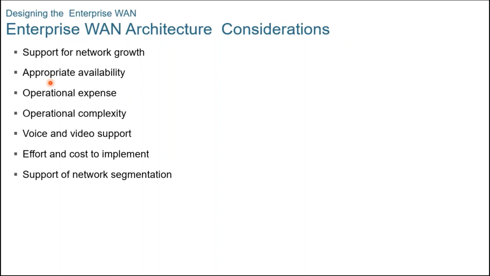The next one would be appropriate availability. Businesses heavily affected by even the smallest disruption in network communications should consider high availability an important characteristic when choosing a connectivity technology. Highly available technologies provide inherent redundancy where no single point of failure exists in the network.